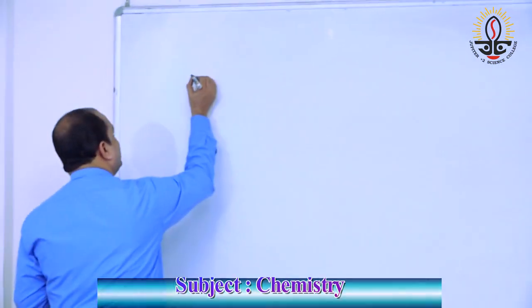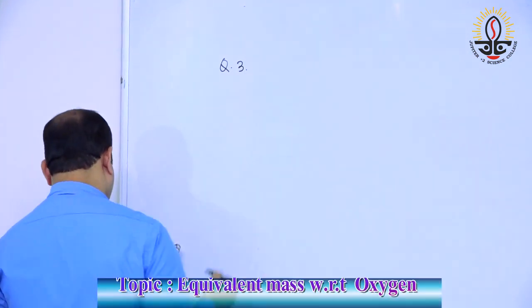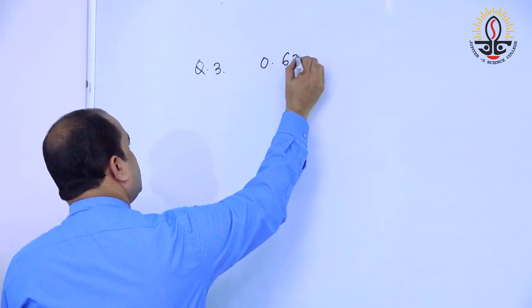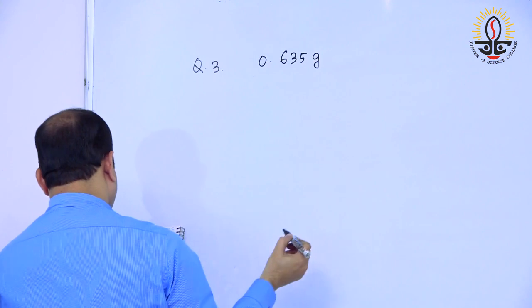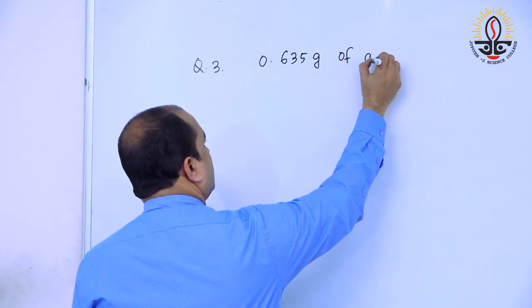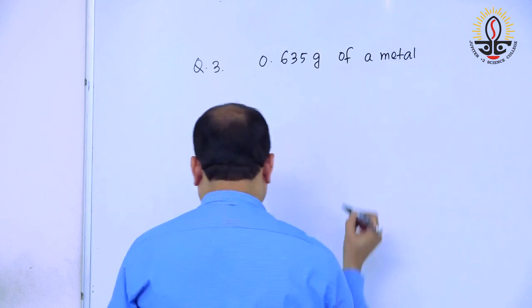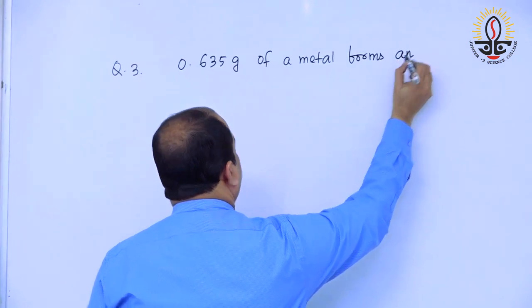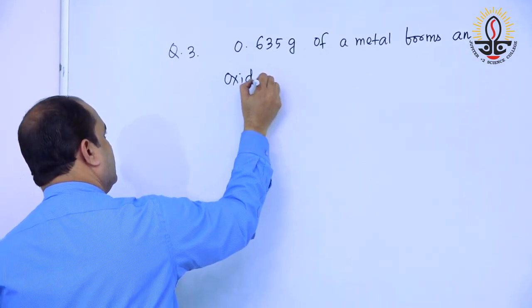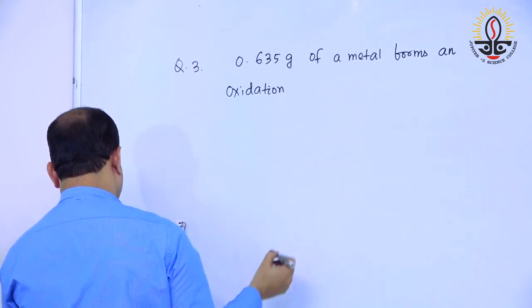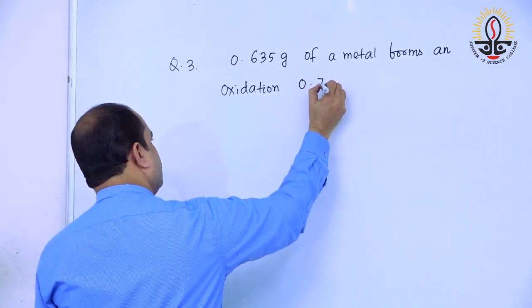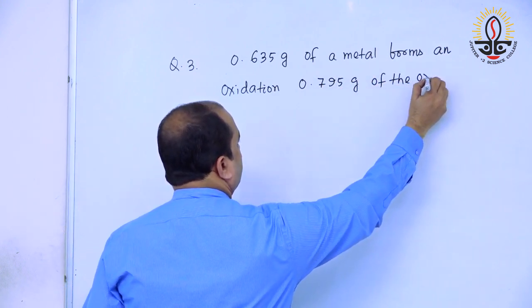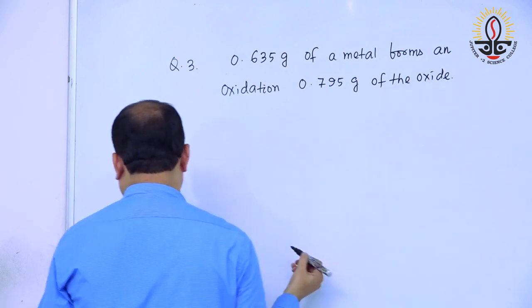Question number 3. 0.635 gram of a metal forms an oxide, 0.795 gram of the oxide.